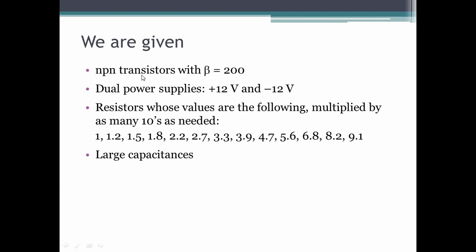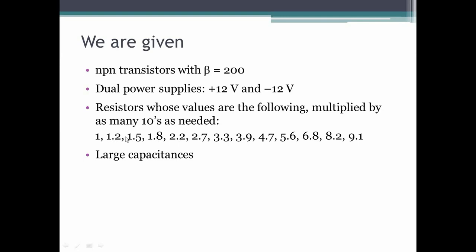So we are given as many NPN transistors as we need with a beta of 200. We are given dual power supplies, a plus 12 volts and a minus 12 volts. We are given resistors of all values, meaning these multiplied by as many tens as we need.